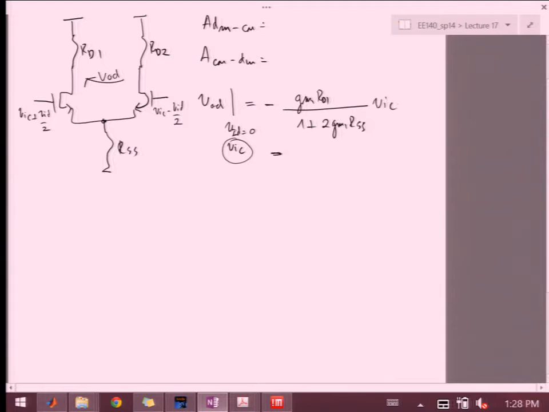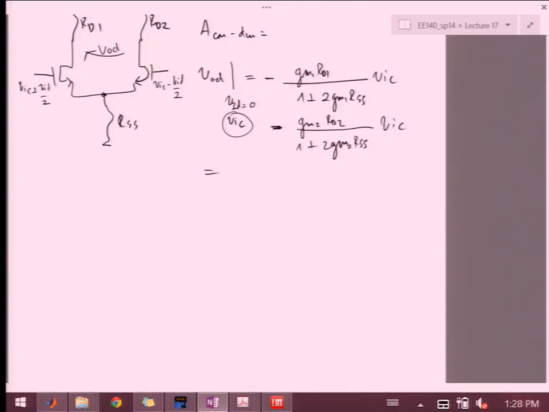But I also have to have a component that is the other side, which is GM2 RD2 over 1 plus 2 GM2 RSS. So now I'm going to do something that's an approximation, but turns out it's a pretty good one.